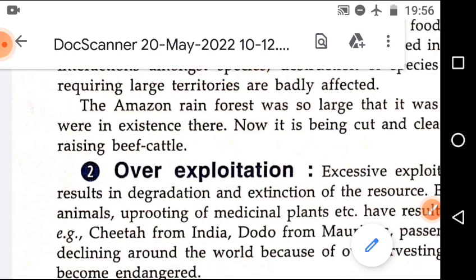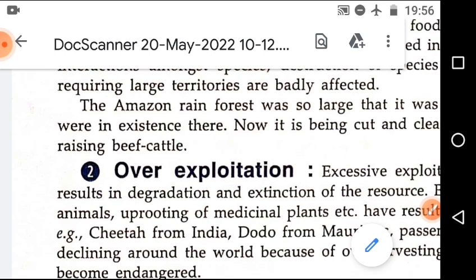And in that manner, you can see in the news in previous years, the Amazon rainforest caught fire. Nobody said the cause of that fire. So that's the main reason.